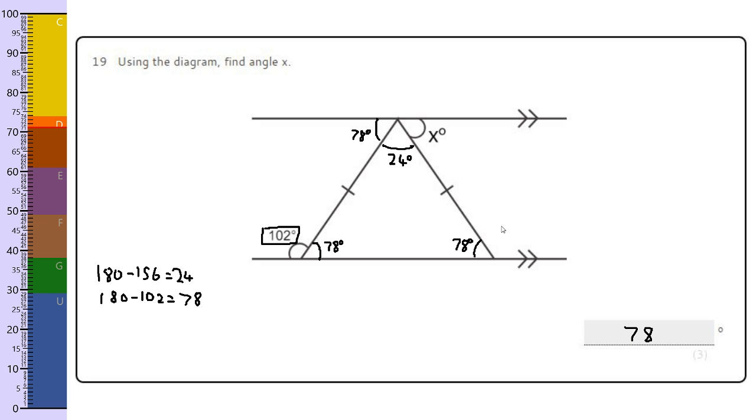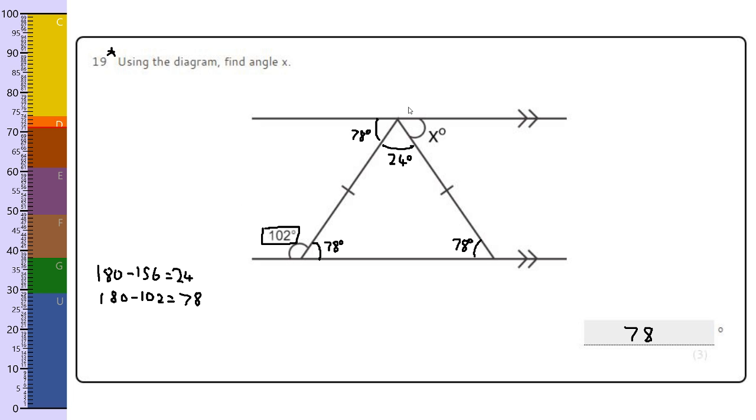Now I've not written all those steps down because this pen will probably die if I try and do that much writing, but I would heavily recommend you do it because normally it will say give reasons for your answers or something like that where you have to do the working out, or it'll put a star next to it, saying quality of written communication, which just basically means you're showing your working.